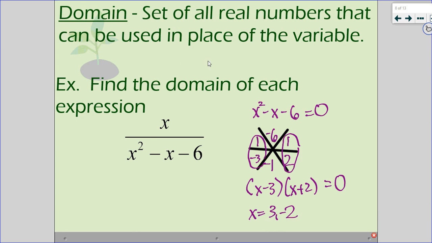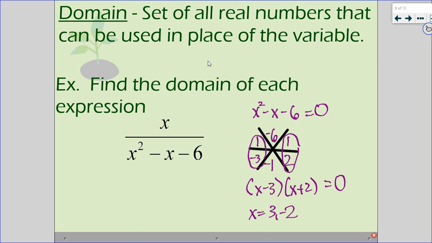So that means if I plug 3 into the equation, I will get 0 in the denominator. I'll have 3 over 0. Does that make sense? If you do 3 squared minus 3 minus 6, do you get 0? Is that 0? Yeah. Also, if you plug in -2.